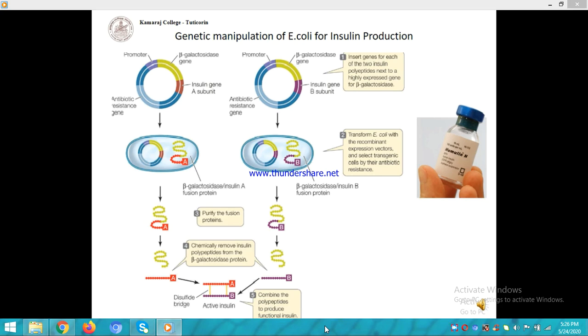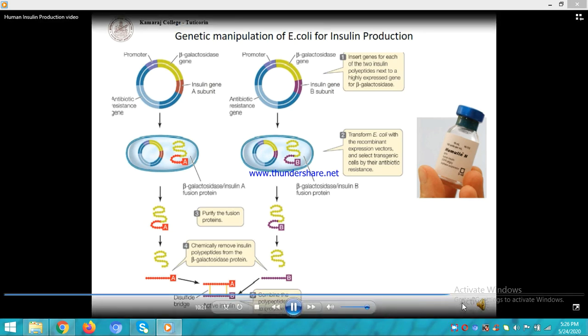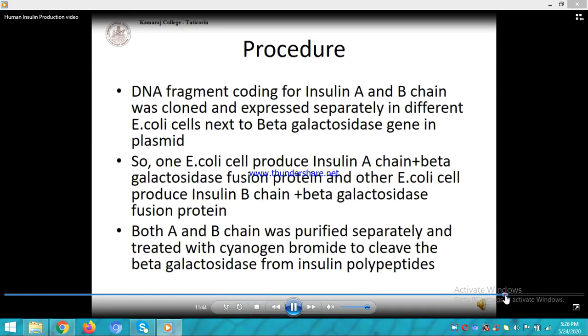Those things we will see. Okay, this is the procedure.